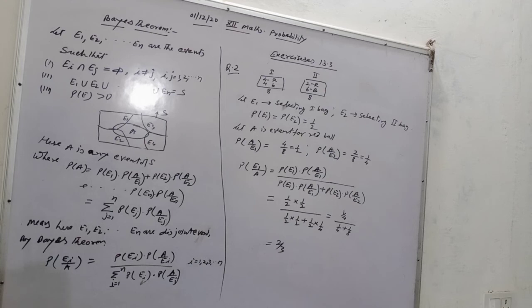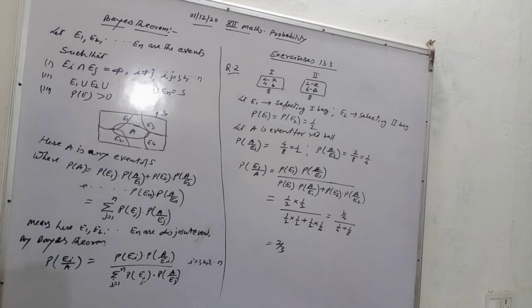Now P(A/E2) means the second bag is selected and a red ball is drawn from it. There are 2 red balls in the second bag and the total is 4, so 2 by 4, that is 1 by 2. First you have to find P(A/E1) and P(A/E2), meaning select the bag, then draw the red ball.